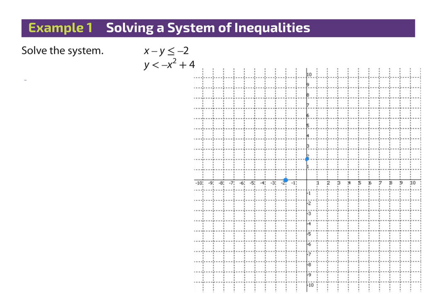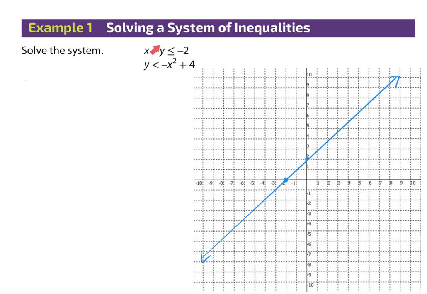Is this a dashed or solid line? Y'all should remember that. The first one is solid. The second one is dashed, right? And then, of course, we have our shading. This says less than, but actually I'm going to shade it as a greater than. Why?